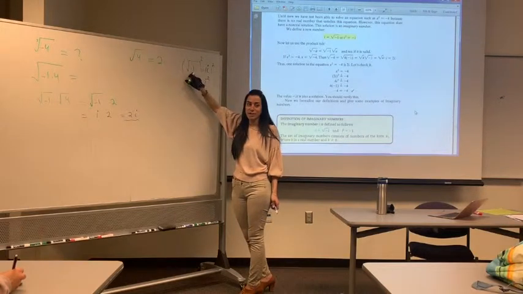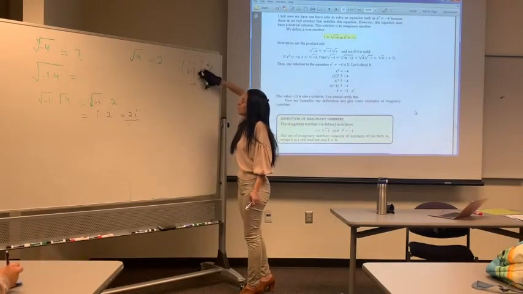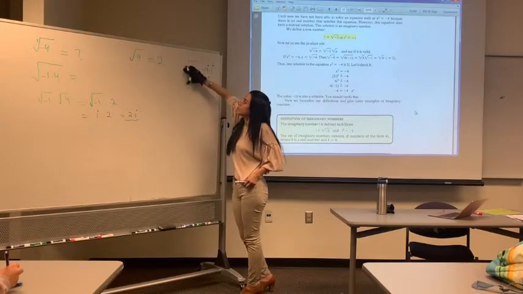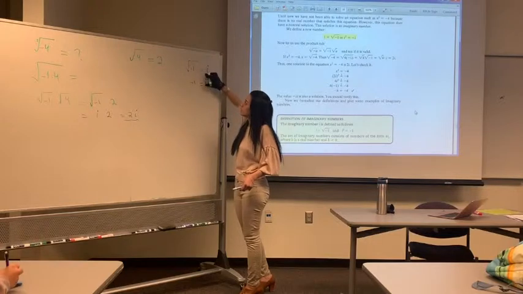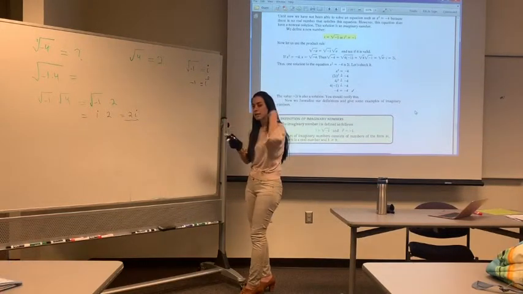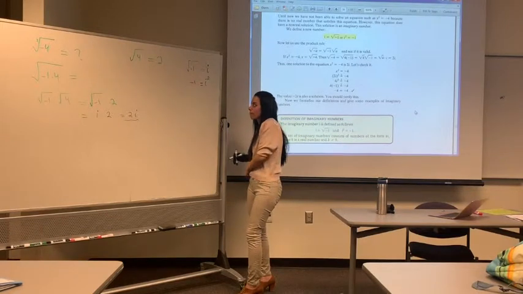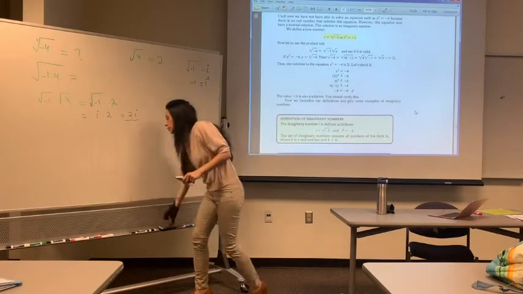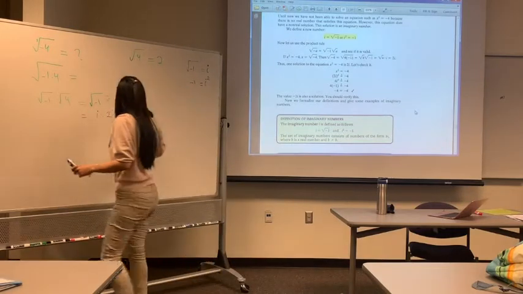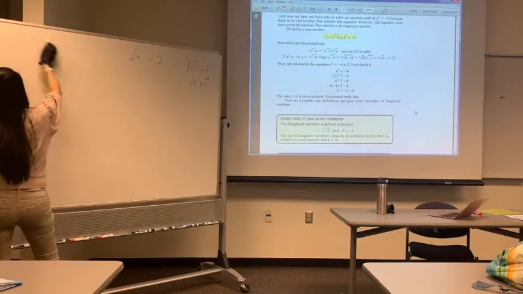Whatever you have in the radical comes out, correct? So now you know i is radical -1, but i squared is -1. And then we will continue with the rest, like i power 3, i power 4, all.